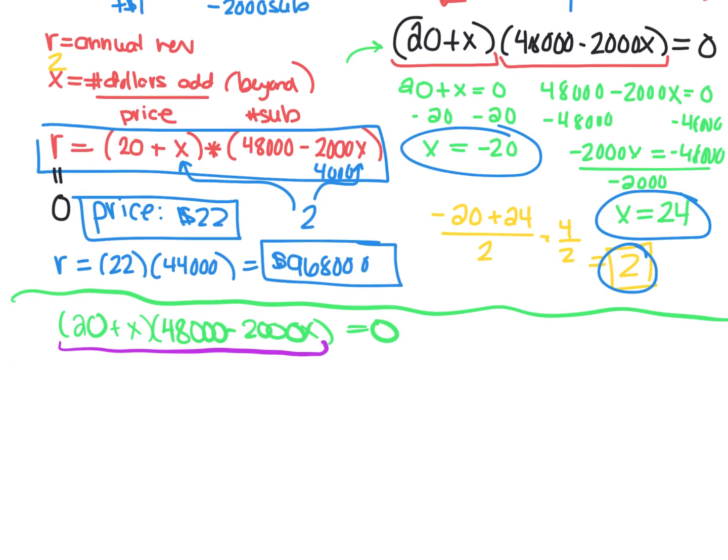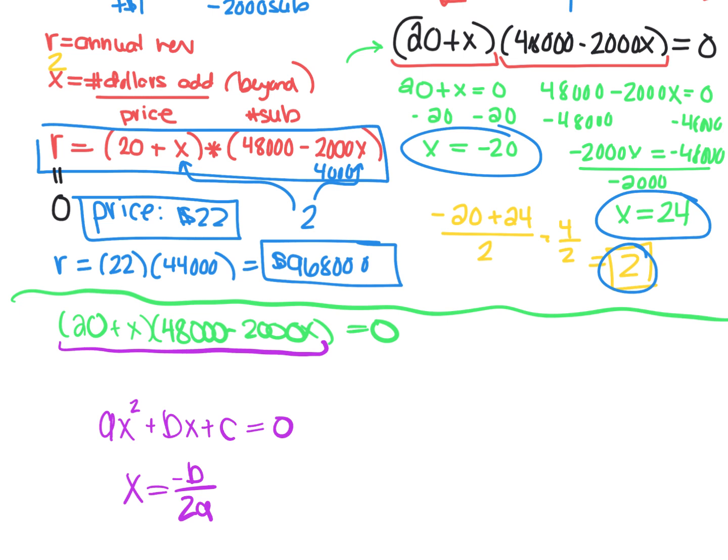You also, if you forget how the zero product property works, could multiply all this out and get your standard form, your ax squared plus bx plus c form. And in order to find that 2, you could also use x equals negative b over 2a. So you have a lot of options here when you're solving this type of problem.